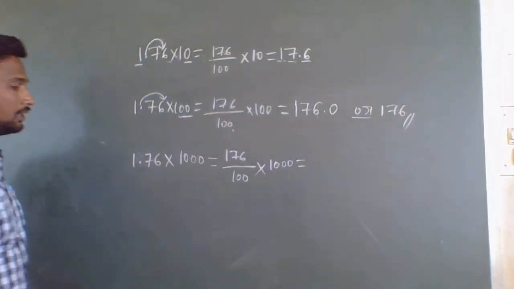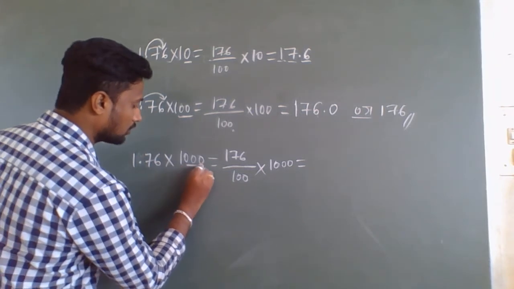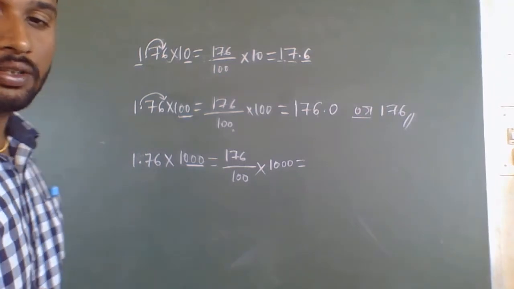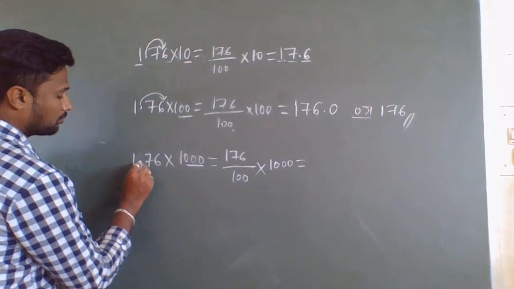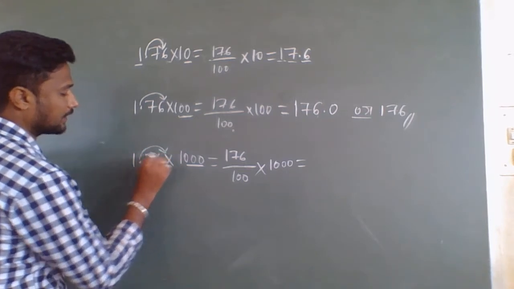Now you can see there are 3 zeros. In 1000 how many zeros are there? 3 zeros. So what do we have to do? We have to move this decimal point 3 digits to the right side.